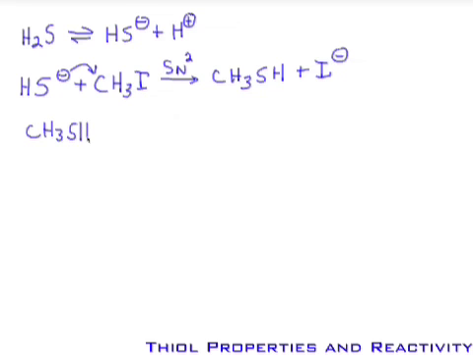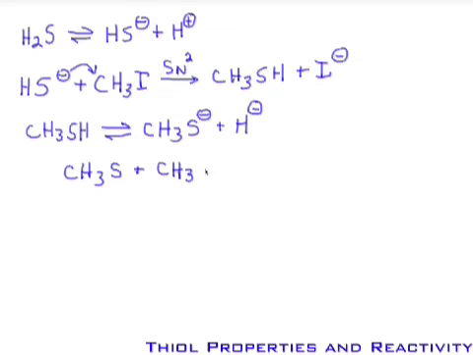It is tricky to isolate methane thiol because methane thiol readily ionizes, producing another very powerful nucleophile. In fact, methane thiol itself is a strong nucleophile, but when it becomes methyl sulfide, this methyl sulfide then could attack another methyl iodide, and you get, if it does this, CH3, the analog to dimethyl ether.